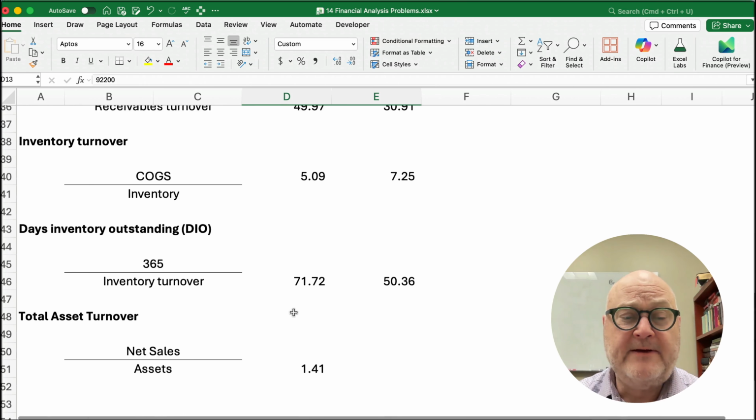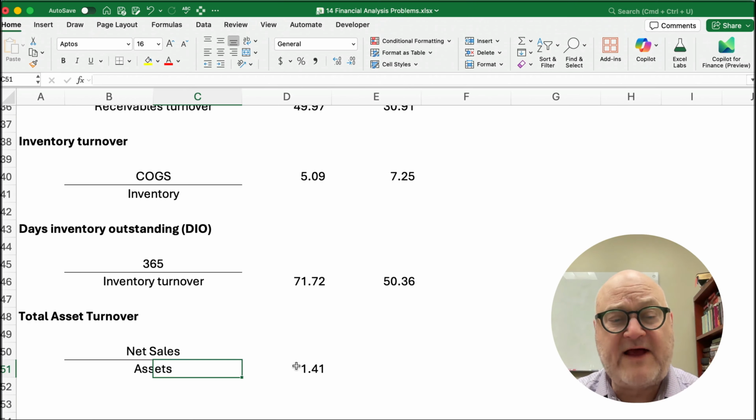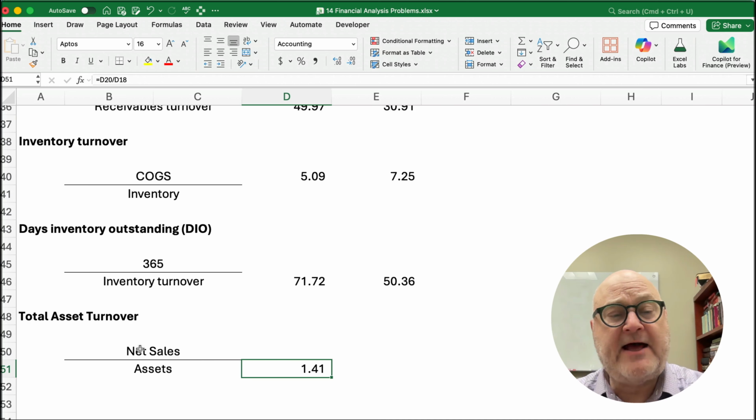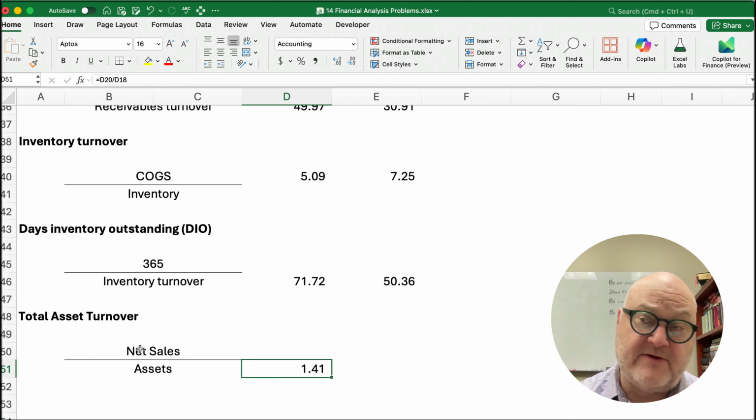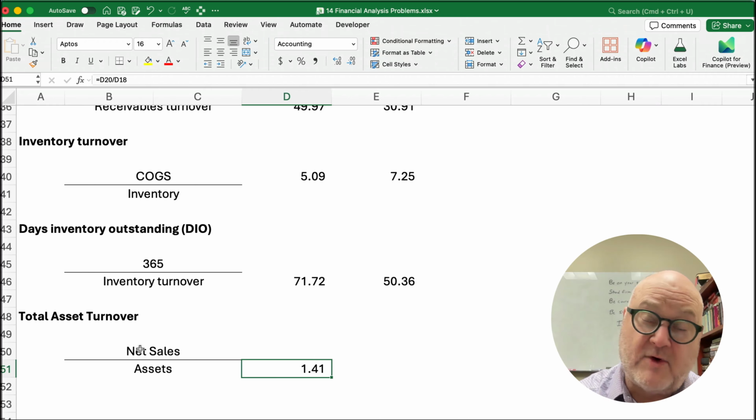So here on our total asset turnover, more is better. It says for every $1 of assets, how much in sales are we generating? Have you heard the phrase, it takes money to make money? Well, it takes money, assets, to generate sales, to generate revenue.